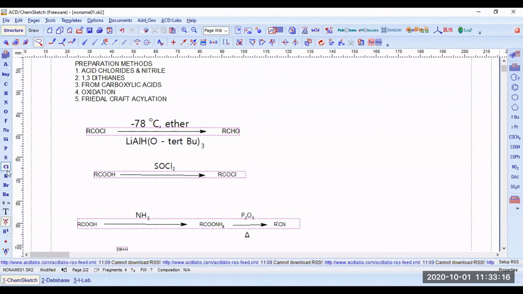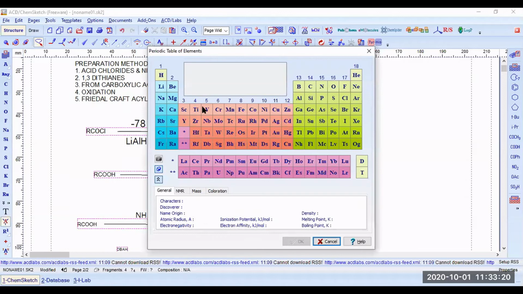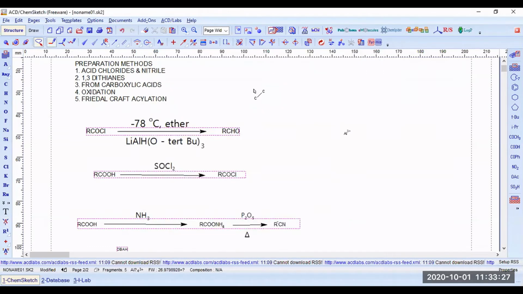The structure of that reagent will be aluminum. We need an aluminum to draw that, and 3 bonds will be there for aluminum. Let us assume one is hydrogen and the other 2 are isobutyl groups.